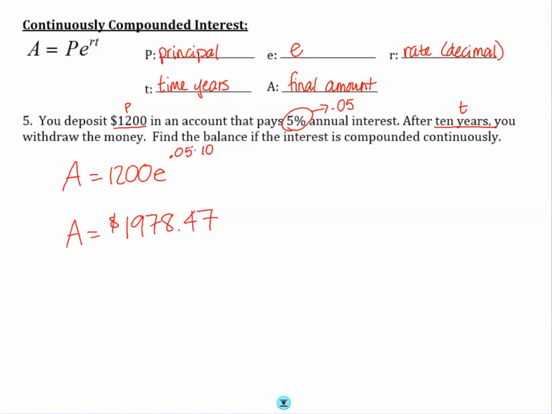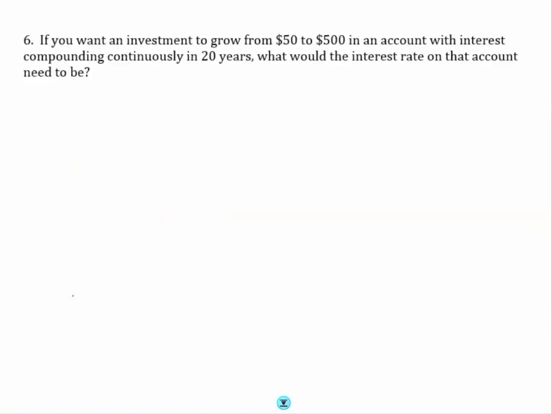One more example. If you want an investment to grow from $50 to $500 in an account with interest compounding continuously for 20 years, what would the interest rate on the account need to be? So 50 is our principal, 500 is our final value, and we're looking at 20 years.